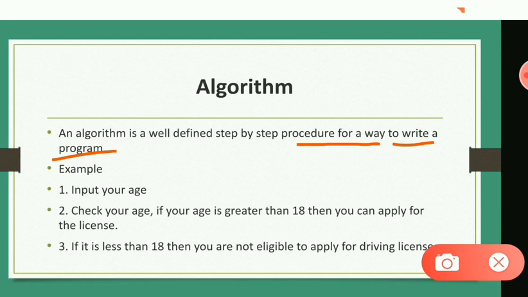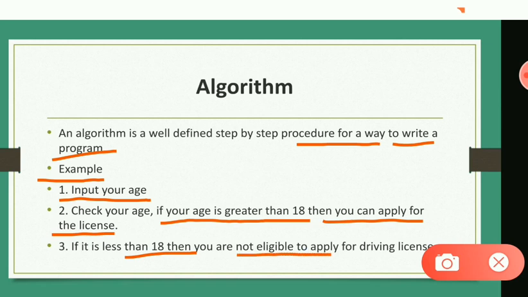As you can see in this example, a person is applying for a driving license. For applying for a driving license, a person has to check their age. If his or her age is greater than 18, then he or she is eligible for applying for the license. Otherwise, if the age is less than 18, then they are not eligible.